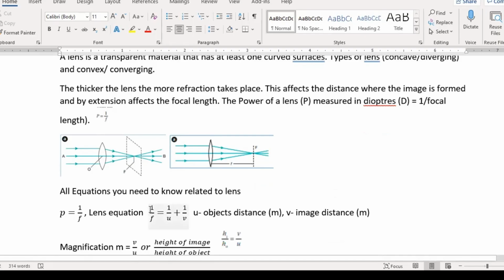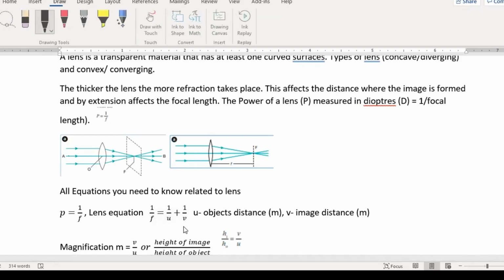Bear in mind the lens equation. This is possibly from your CSEC knowledge, but it still applies here. 1 upon F is equal to 1 upon U plus 1 upon V, where U is your object's distance. Generally speaking, the objects are always located on this side, mainly.